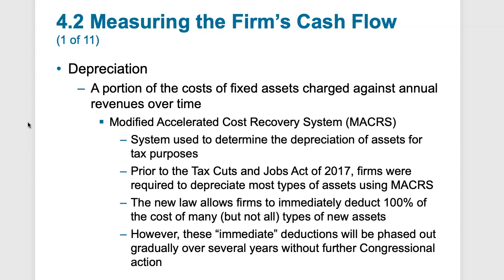Prior to 2017, most firms were required to depreciate most types of assets using this modified cost recovery schedule. Now, companies can still use this schedule if they choose to. And this bonus depreciation of 100% deductible is going to be phased out over time, so we'll be back to the point where everyone's using the modified accelerated cost recovery schedule for all the assets.